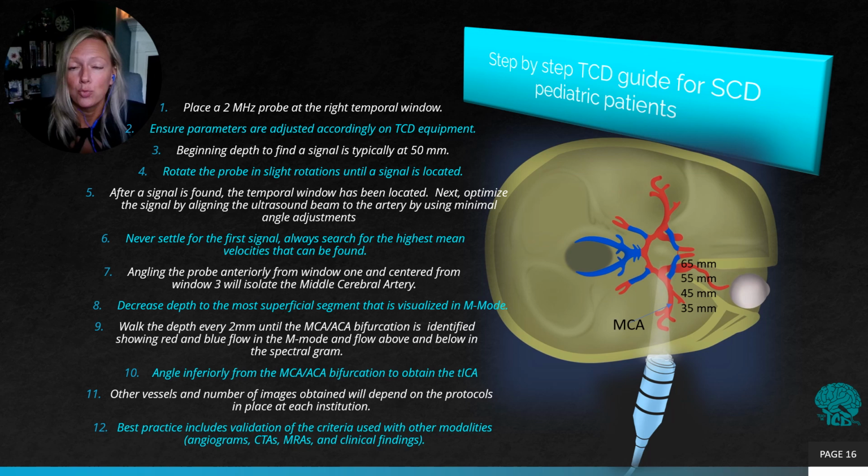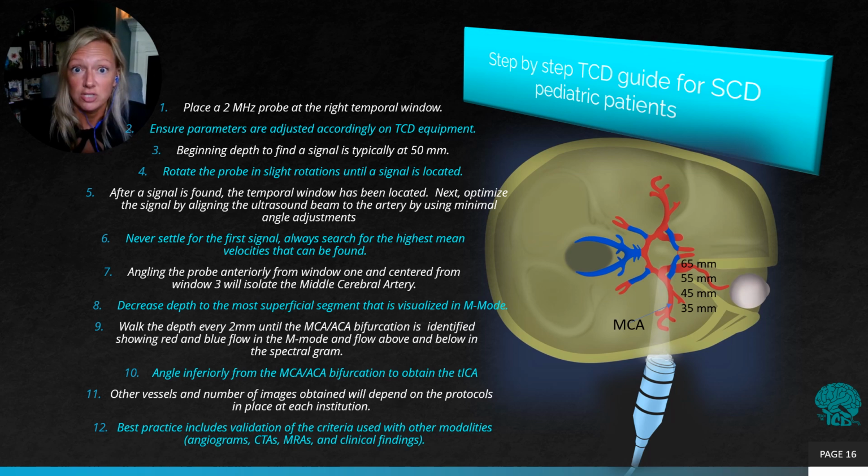Once you find your window, you can keep your probe at that location and just make small adjustments, moving the probe angles around to see if you can find the highest mean velocities. You will typically begin at a depth of 50 millimeters, finding your best signals, and you will take your depth as superficial as you can.